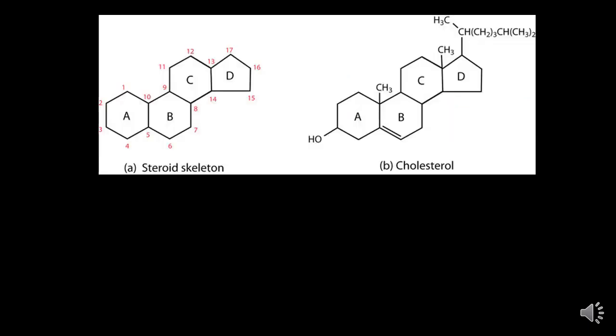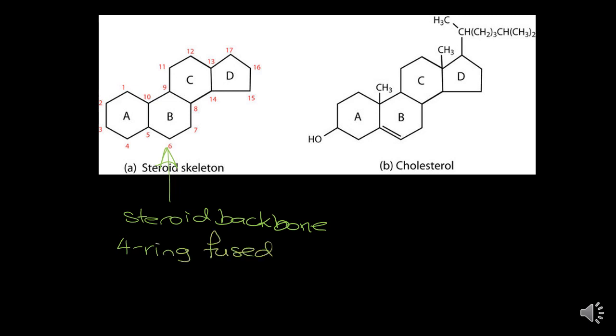Okay, so overall what we've got here is our characteristic 4-ring structure that is known as a steroid backbone. It's also a 4-ring fused structure. Okay, so cholesterol over on the right, you have this image in your data book.